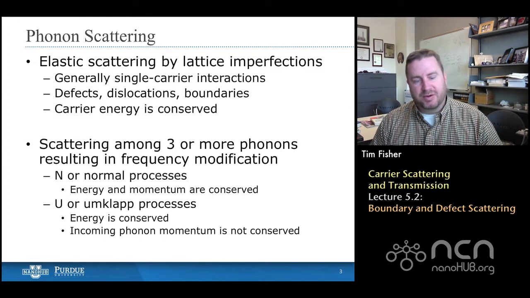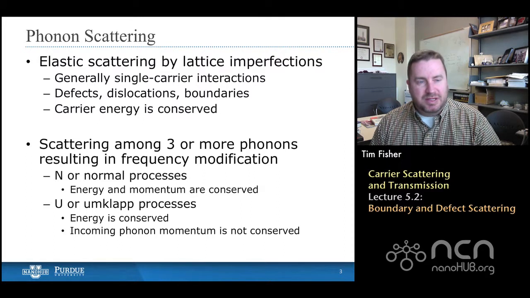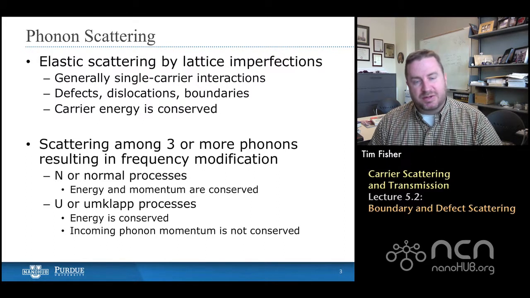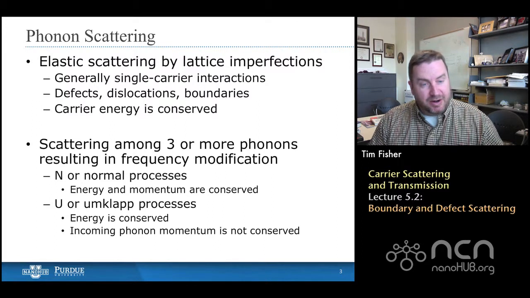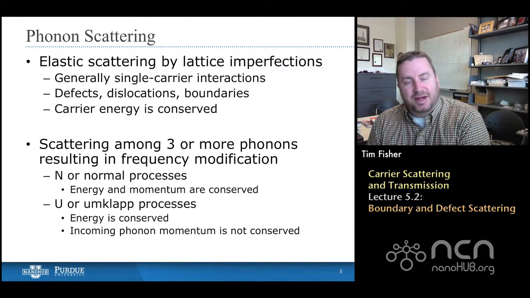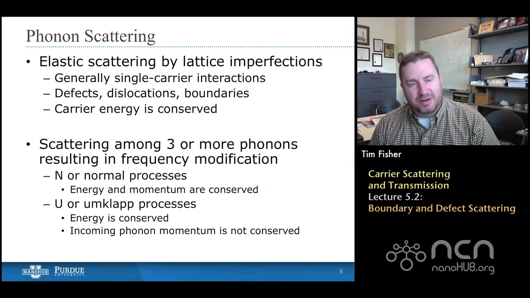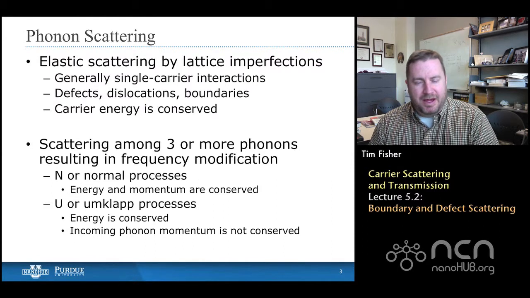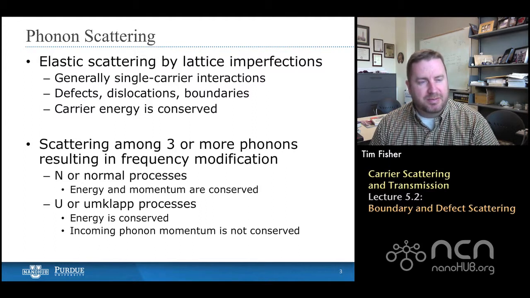It's the same carrier in both cases. And generally speaking, this is going to be happening when we have defects, which could be atoms that are in the lattice that shouldn't be, or maybe they should be, but they're not part of the large scale crystal structure. Dislocations and grain boundaries and physical boundaries of the envelope of the material.